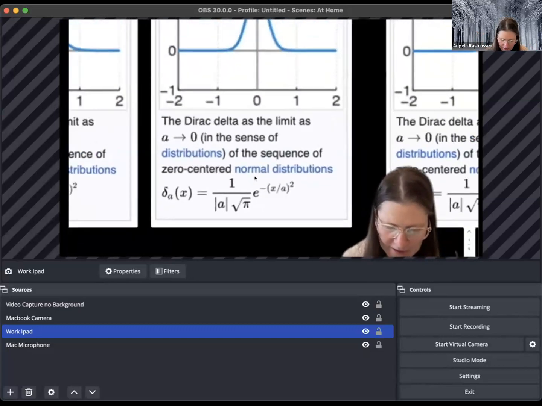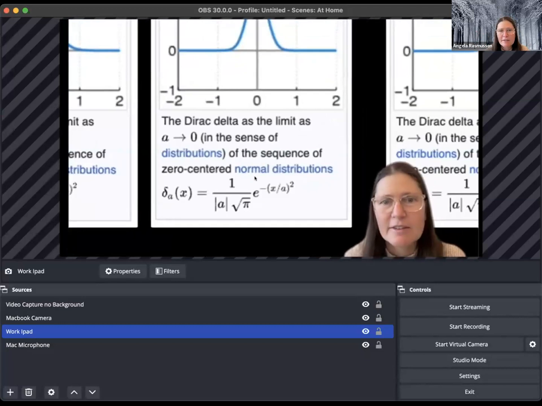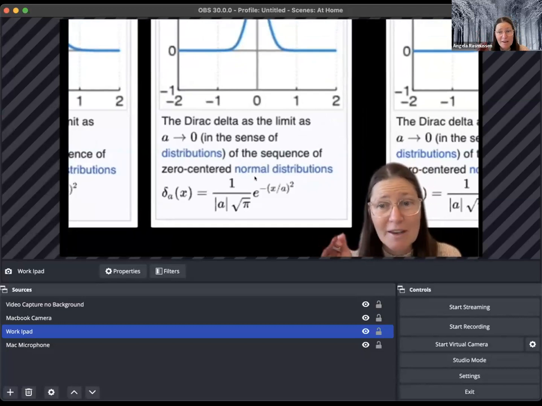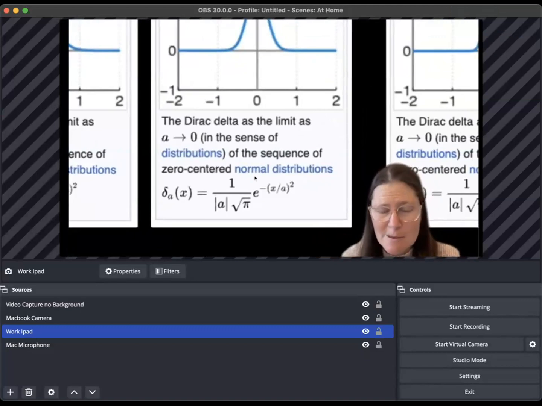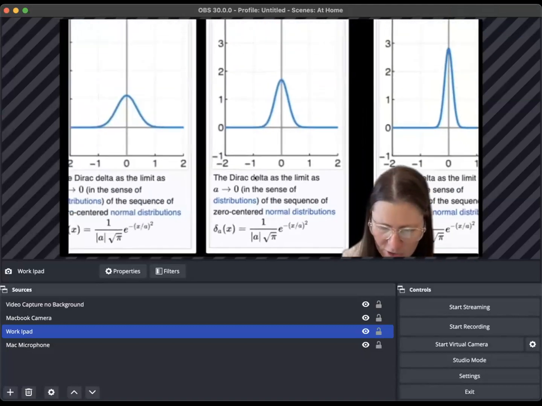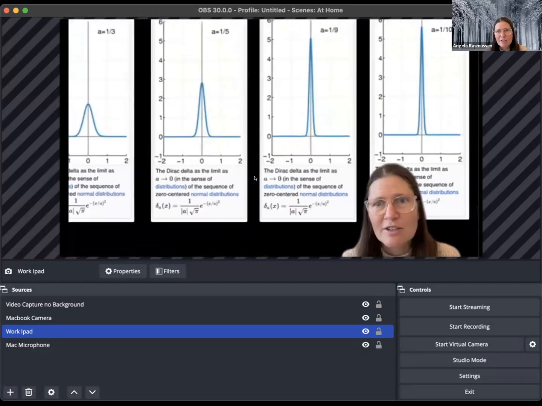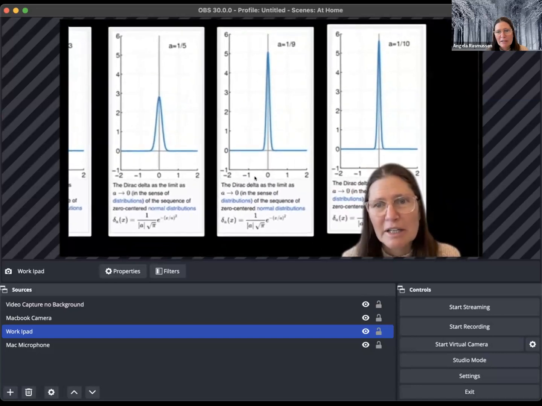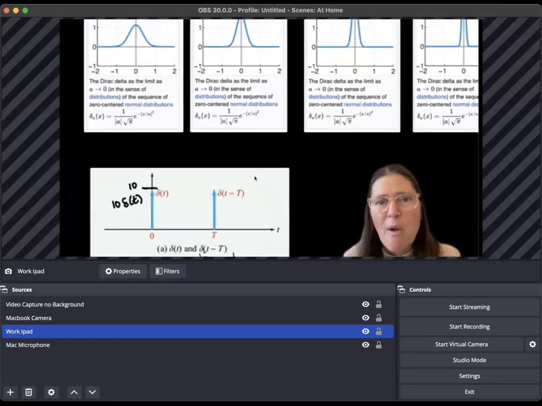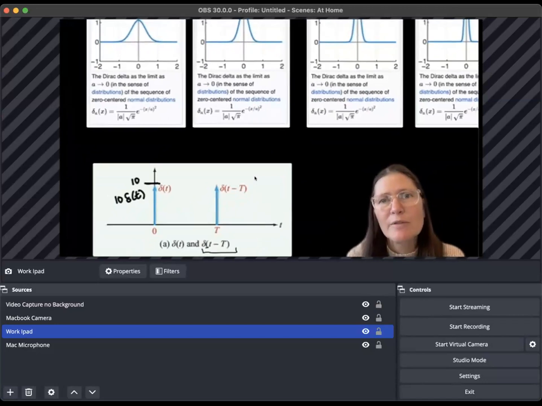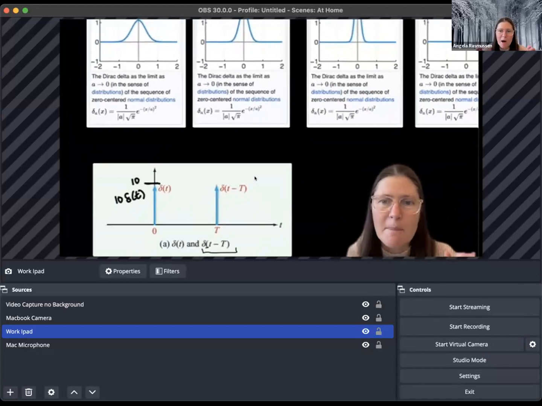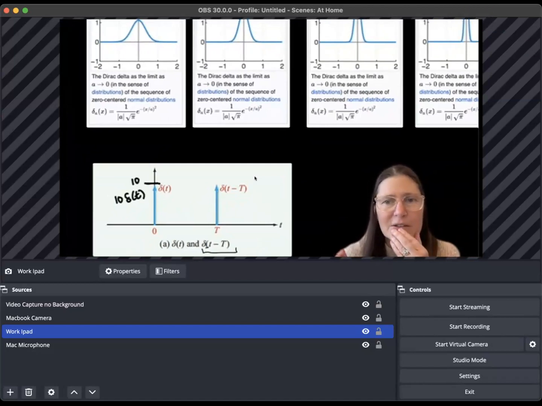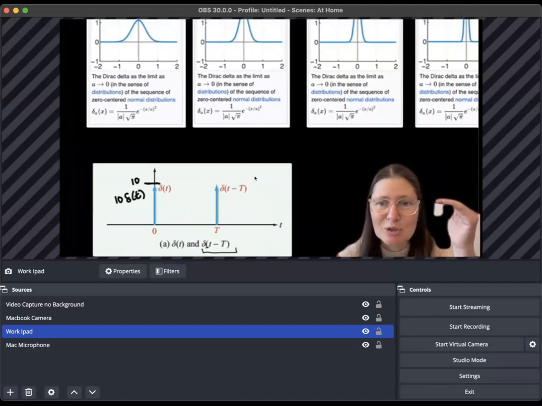You can create the delta function with a formula, an exponential squared. As you change that exponential, you get more and more of a spike-looking thing. All this is modeling a spike in the system. And so sometimes we want to put a magnitude to that spike.